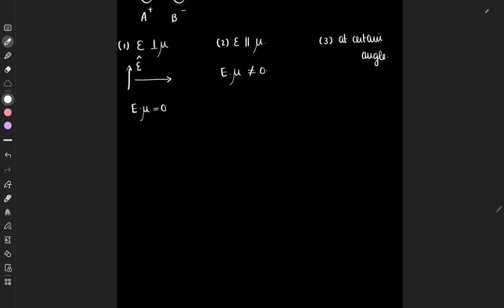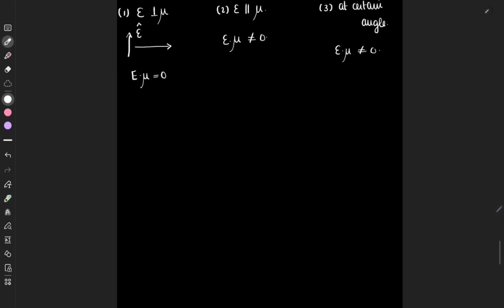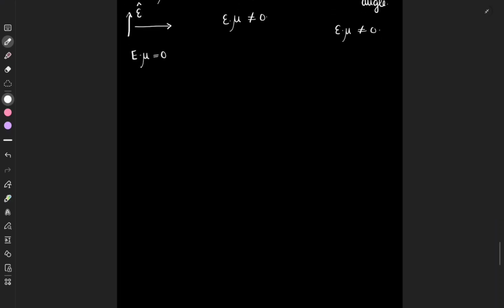Okay, this is also the same for a certain angle. This will not be equal to 0. So that means there will be some transition. The transition moment integral will be non-zero. Then the transition probability, what will that be?